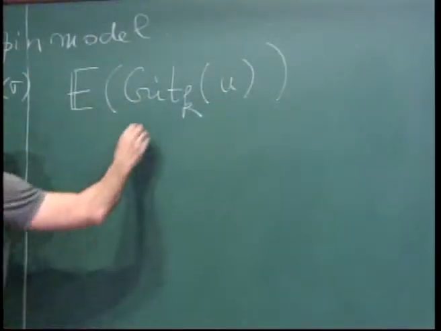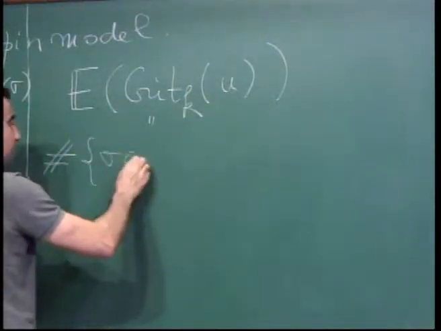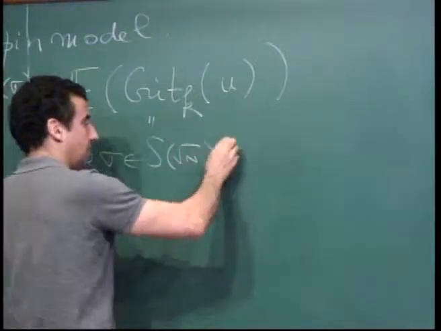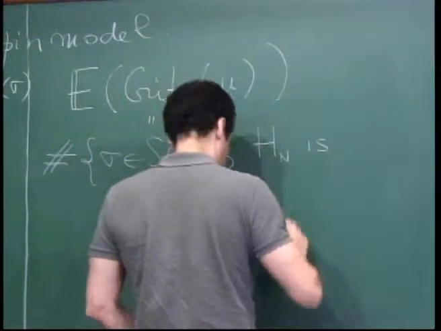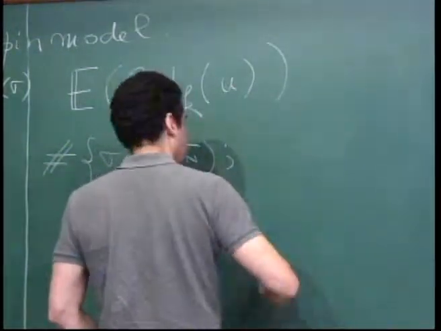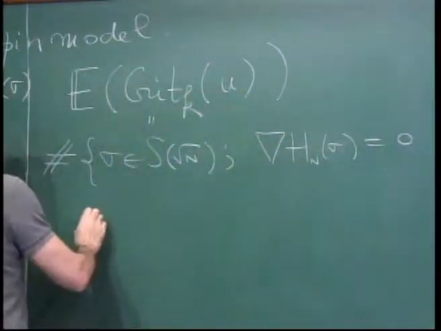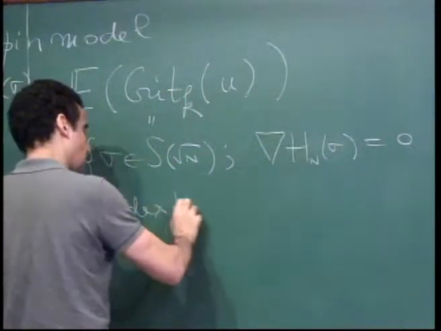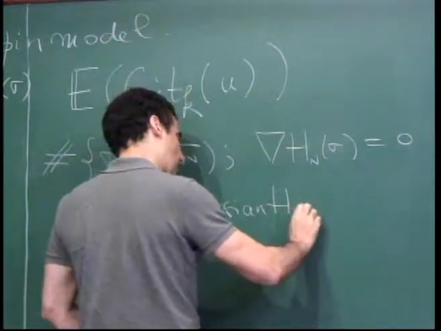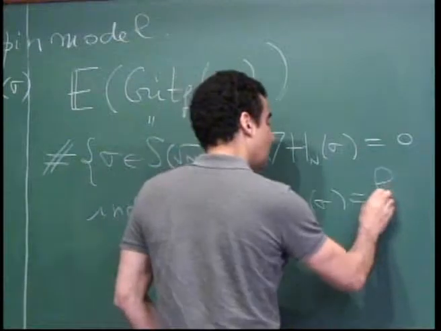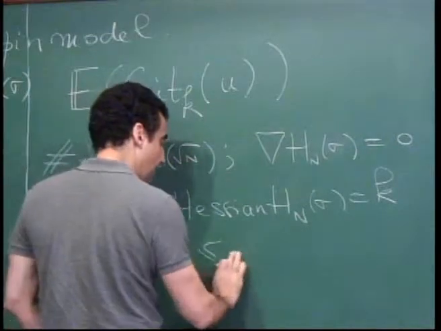This is the number of critical points, or critical values, in fact. The number of sigmas in the sphere such that the gradient of H_N at sigma is 0, which means sigma is critical, such that the index of the Hessian, the second derivative, if you want, of H_N at sigma is k, and such that the value of H_N is below u.